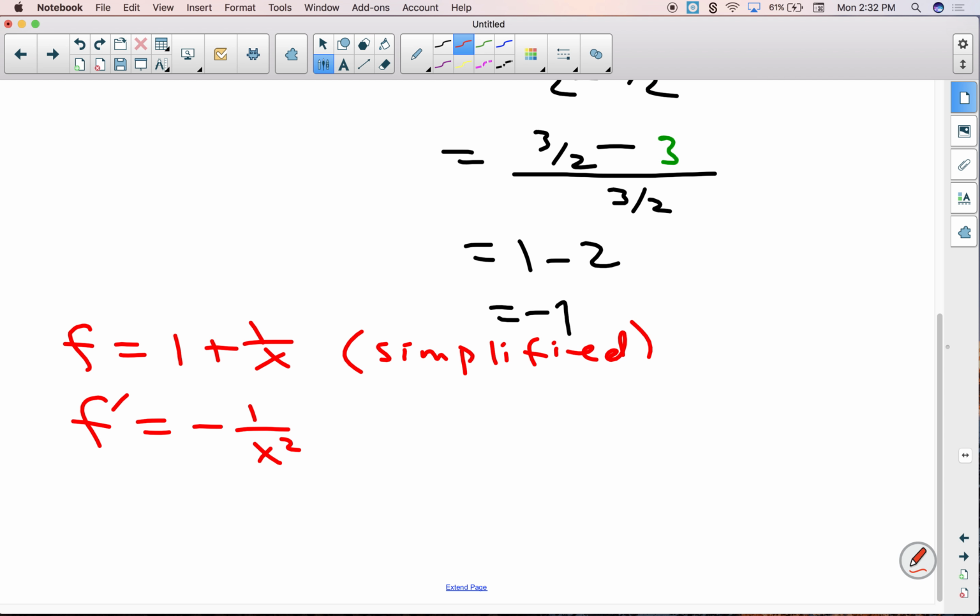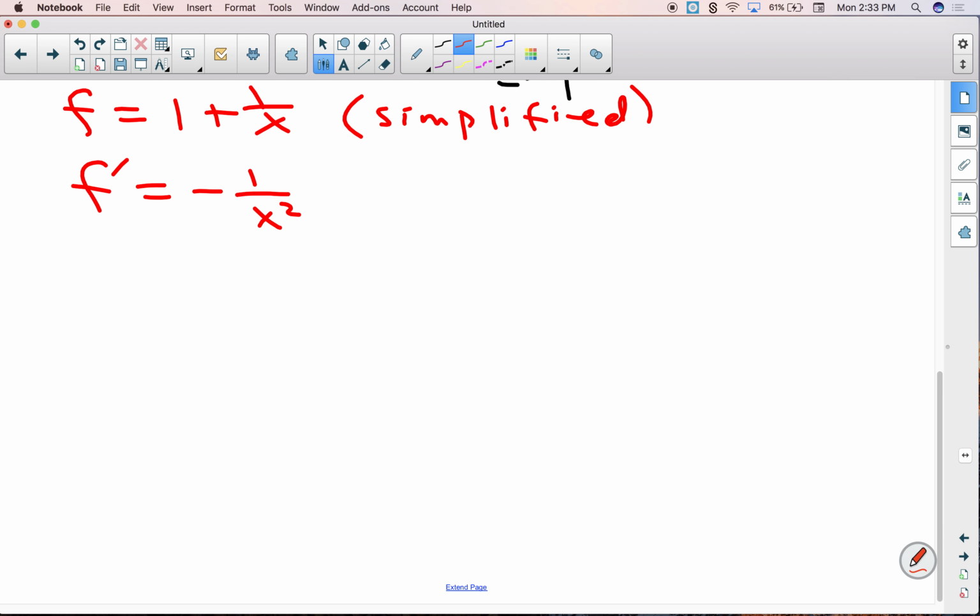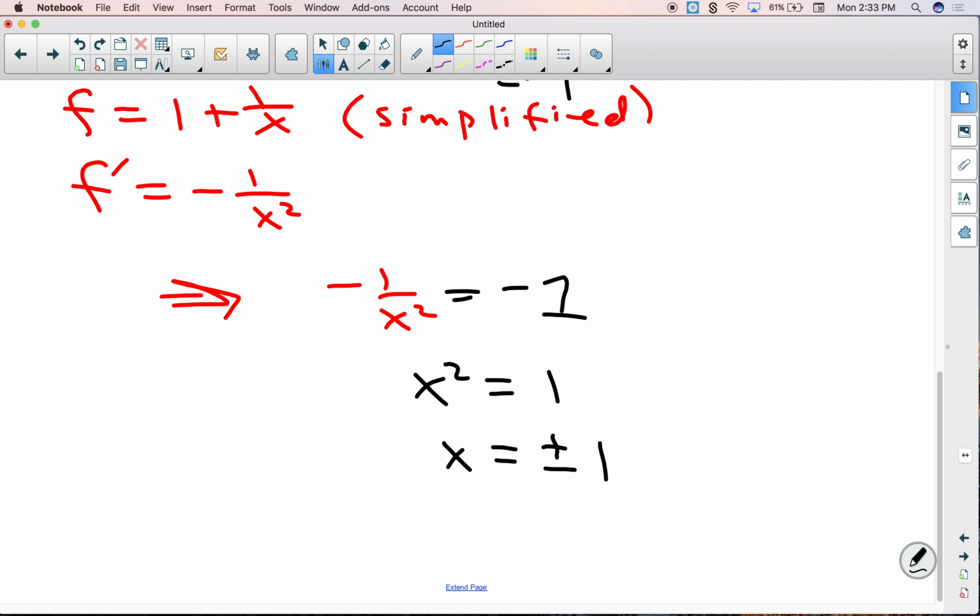All right, so therefore we're going to set this equal to -1. So -1 over x squared is equal to -1. Negative 1 equals negative x squared, so x squared equals 1. So x equals plus or minus 1, but if you remember, the solutions that we are guaranteed are those only in the interval.